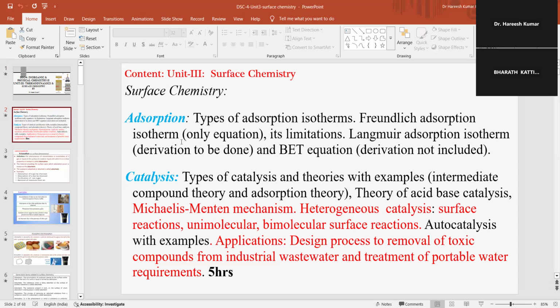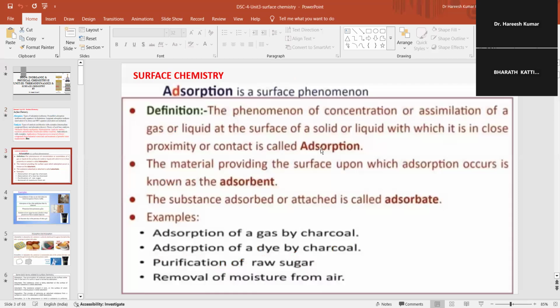So with this, I will go to the adsorption. So adsorption means the phenomenon of concentration or assimilation of the gas or liquid at the surface of the solid or liquid with which it is in close proximity or contact is called adsorption.